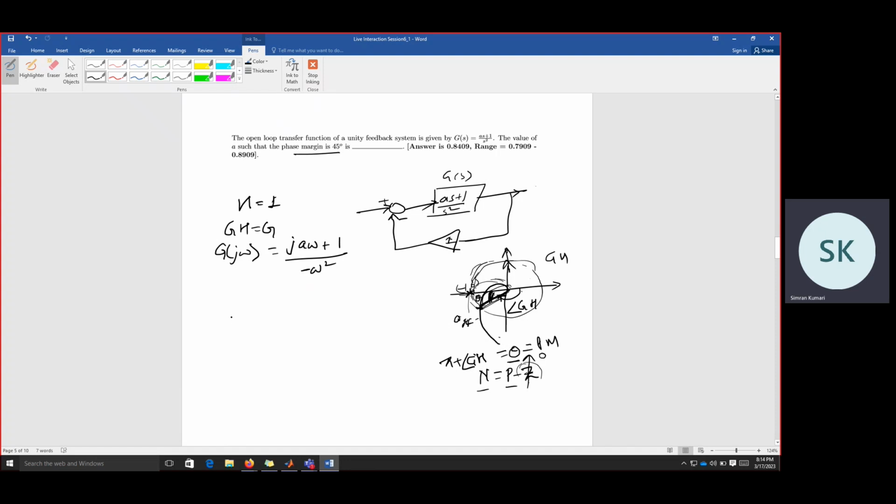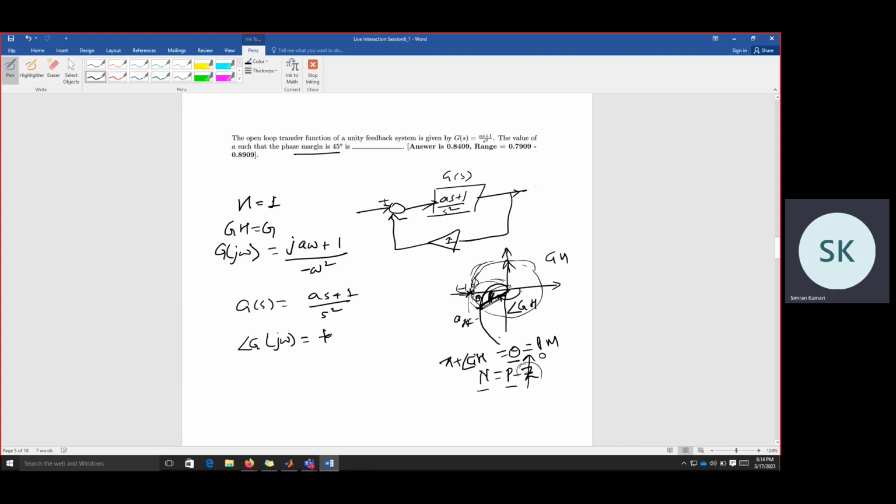Okay, let us see how we can solve this one. So we have G(s), which is (A s plus 1) by s square. It is asking what the value of A should be such that the phase margin is 45 degrees. So what is the angle of G of j omega?